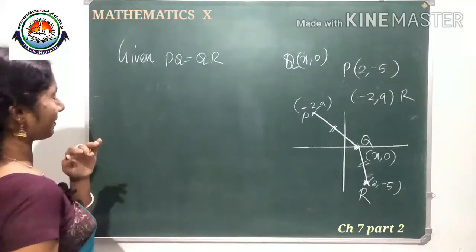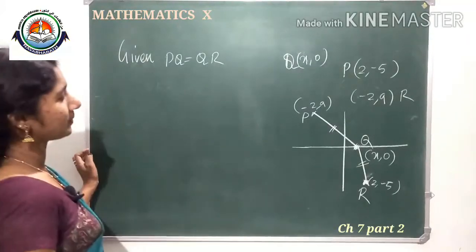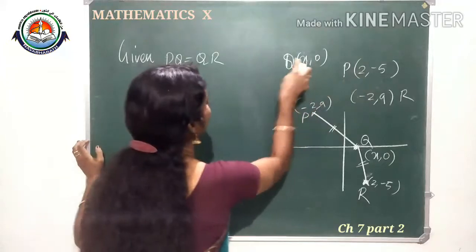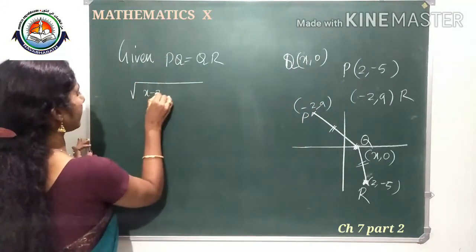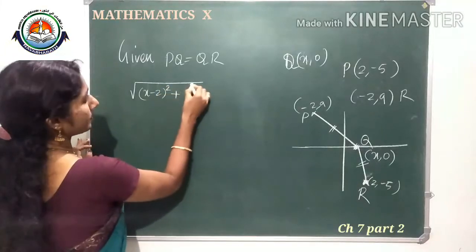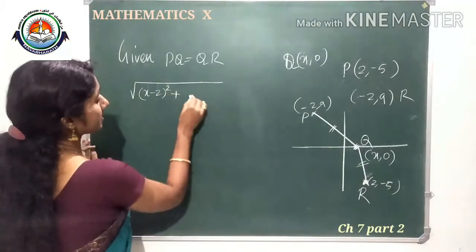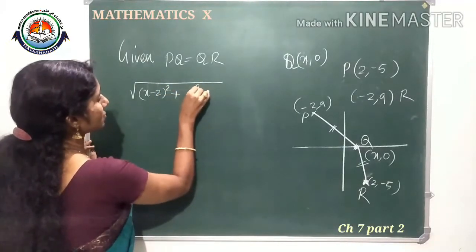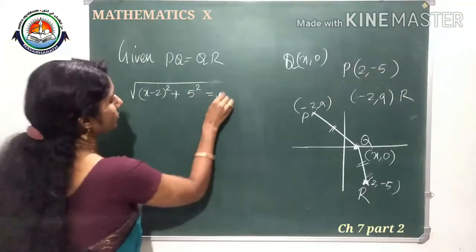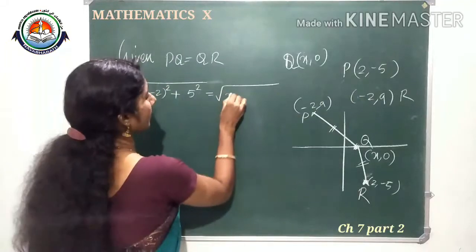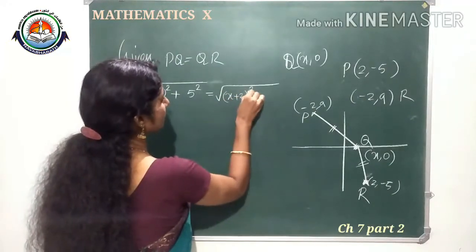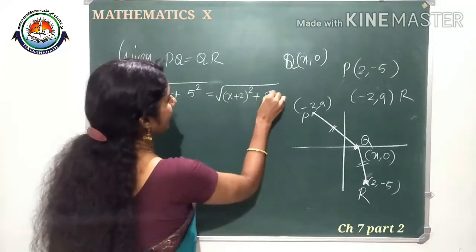How will you write PQ? PQ equals root of (x minus 2) whole square plus (0 minus 5) whole square, that is 5 square. That is equal to, how will you write QR? QR is equal to root of (x plus 2) whole square plus 9 square.